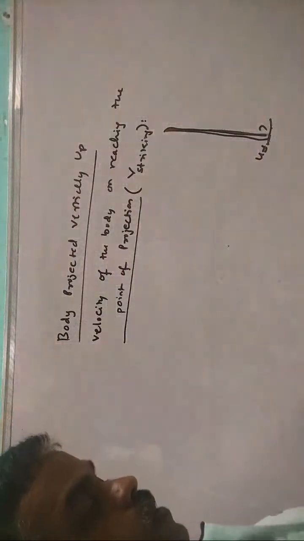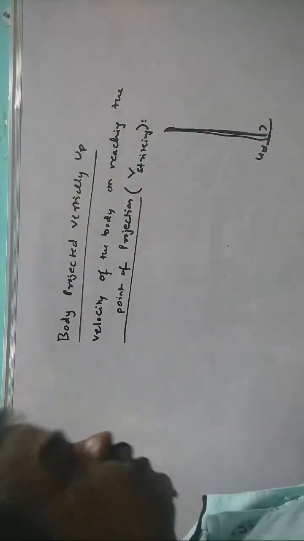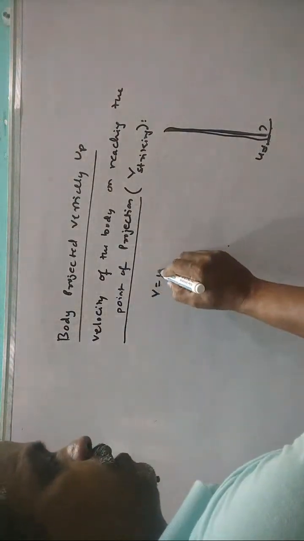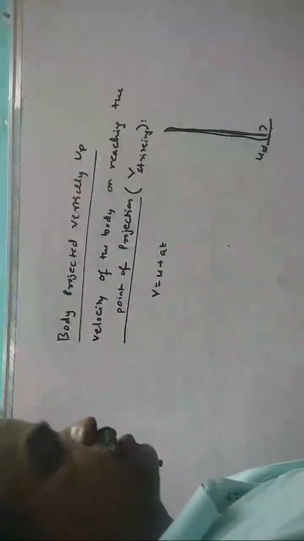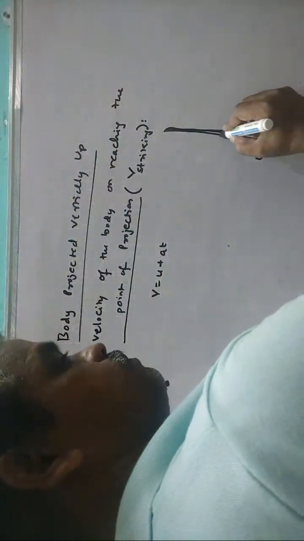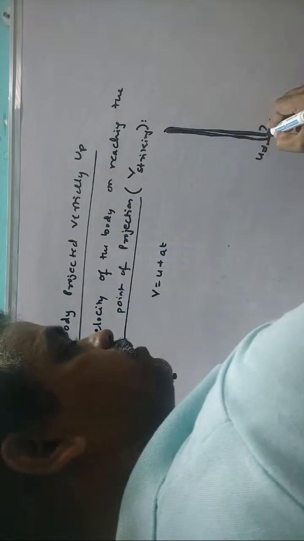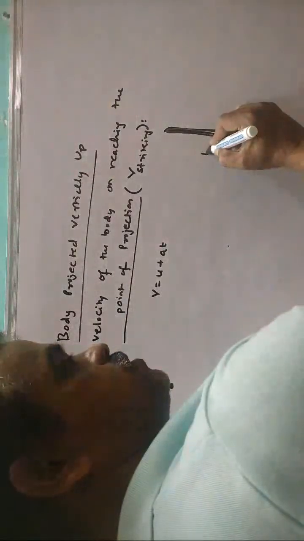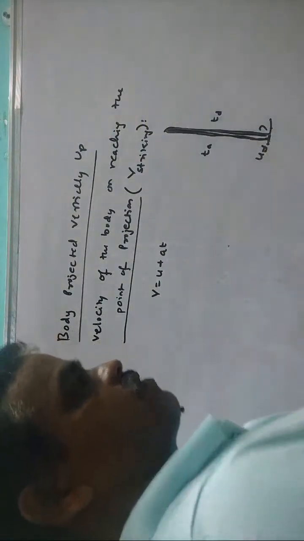See, we can use v equal to u plus at. The body goes up, on reaching the maximum height, then comes back to the point of projection. This is TA, time of ascent. This is TD, time of descent.